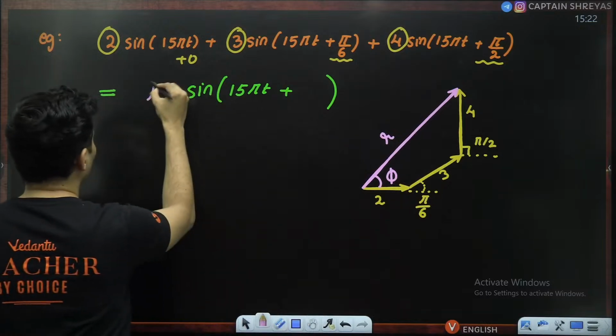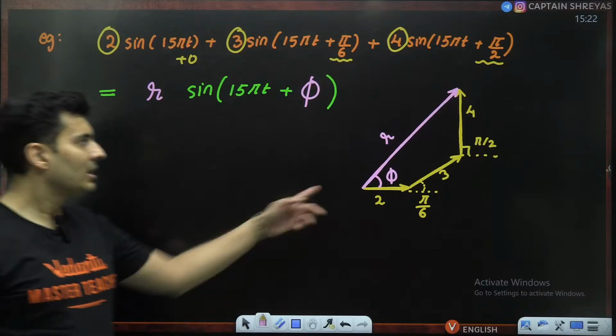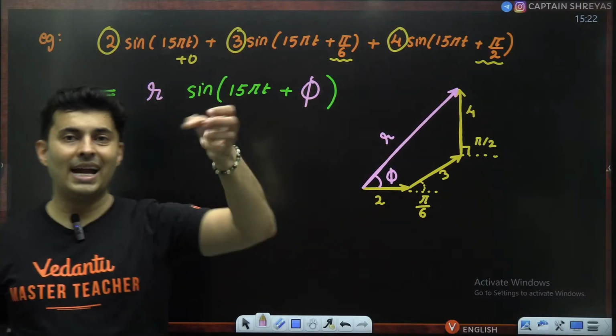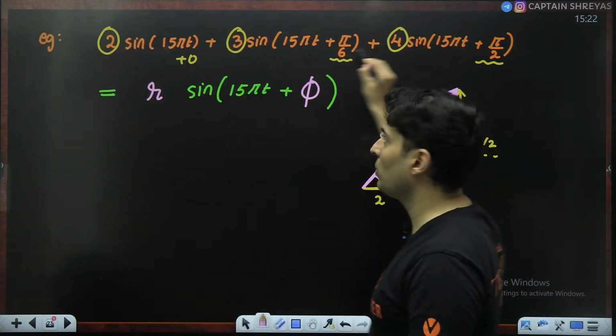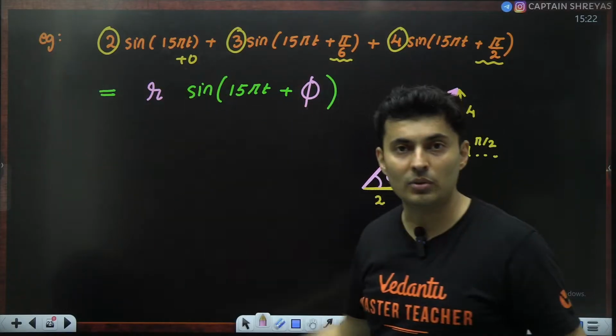Whatever resultant you get over here will be here, and whatever phi you get will be over here. That's it. So that is how you add multiple sine or cosine terms with phase difference and different amplitudes.